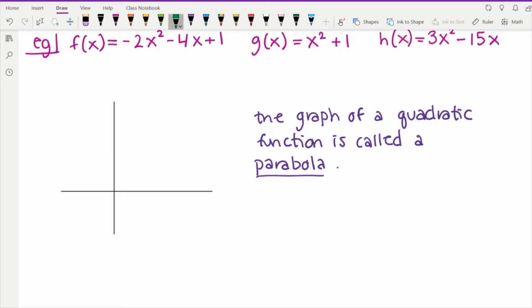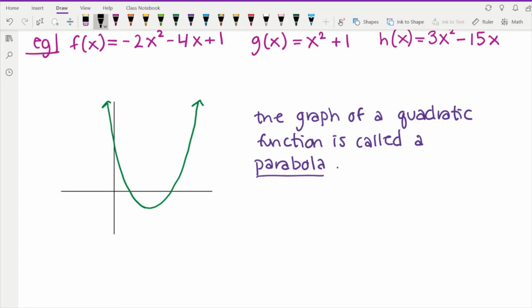So we've seen parabolas in this class, and we know that they kind of look like this, and it could be facing upward like the one that I'm drawing right now. It could also be facing downward. I'm just going to draw this upward facing one as our kind of first example, but we will see at least one example in this video of a parabola that is facing downward as well.